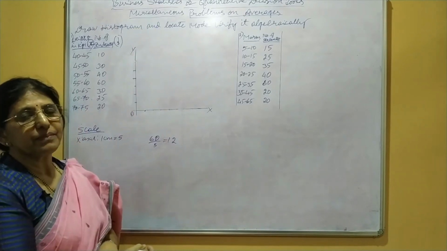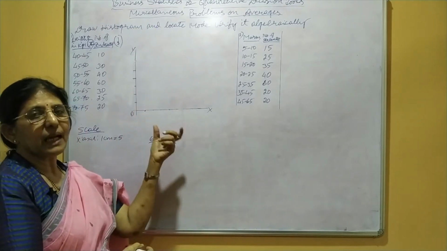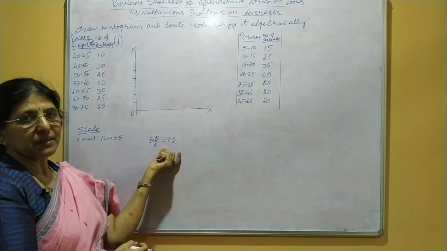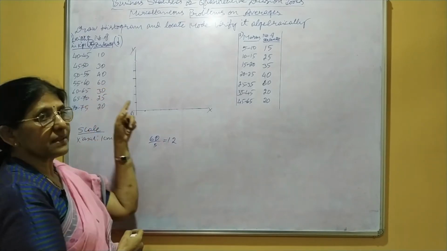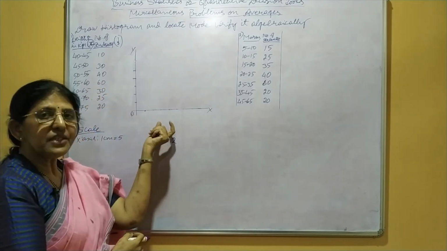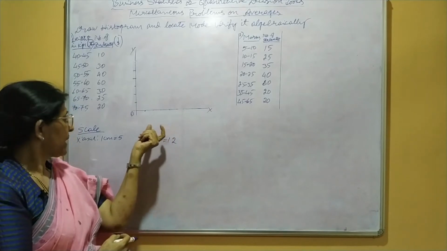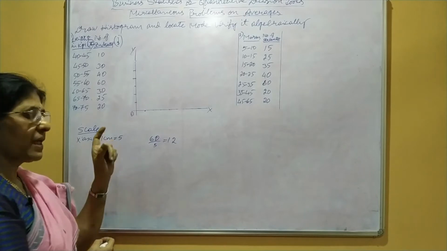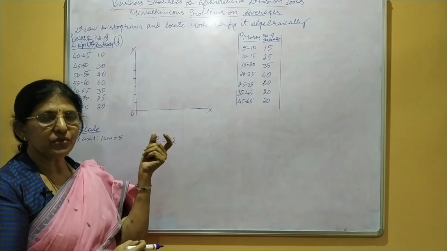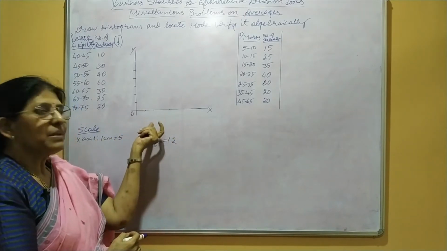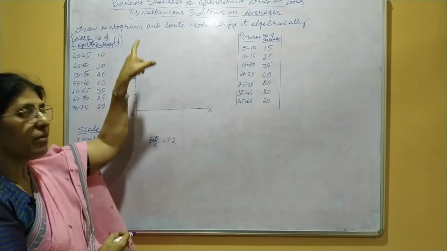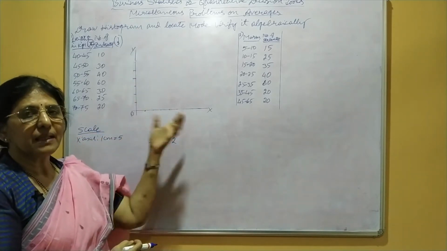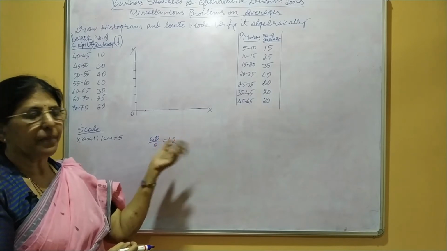Height of the rectangle will be 12 centimeter for the highest frequency. Here the width of each rectangle, how much will you get? Just 1 centimeter, because on x-axis we have taken 1 centimeter equals 5. For 1 centimeter width, if you take 12 centimeter height, that may not be that appropriate.